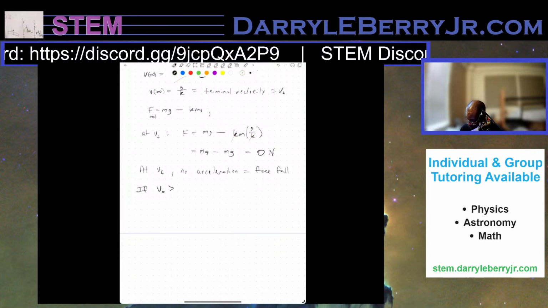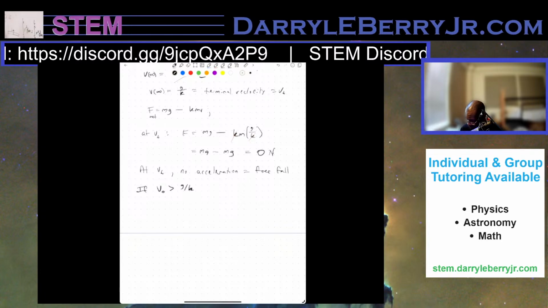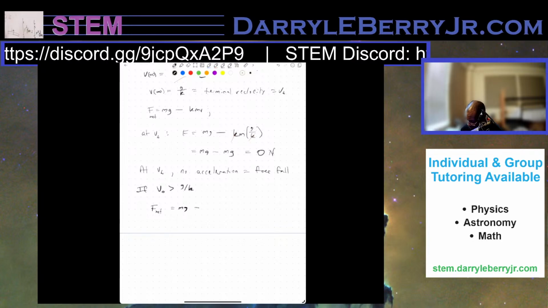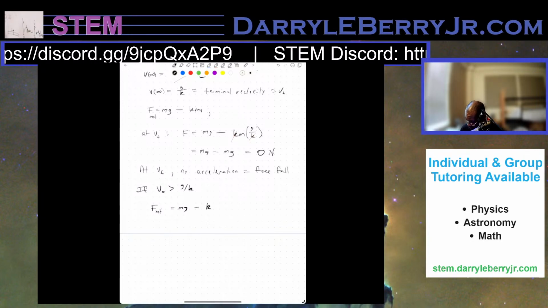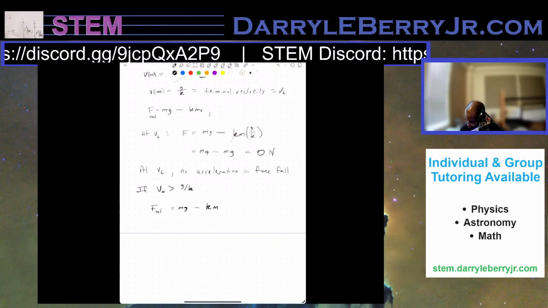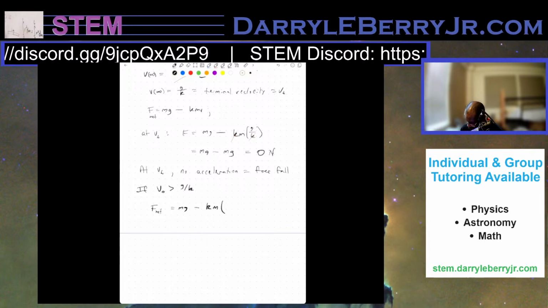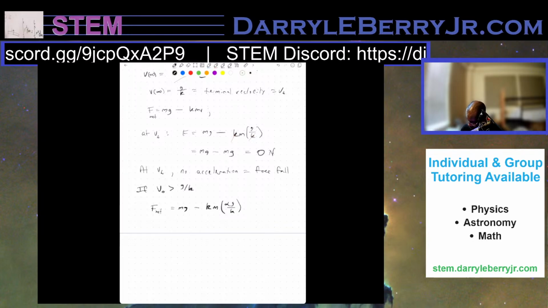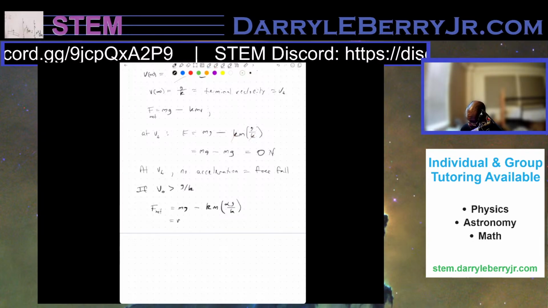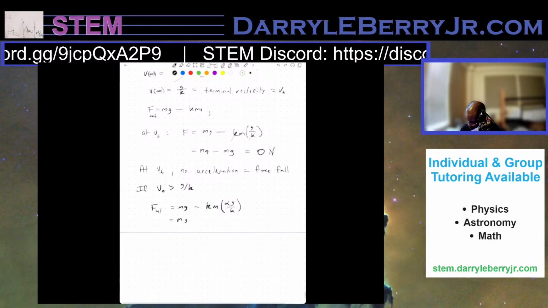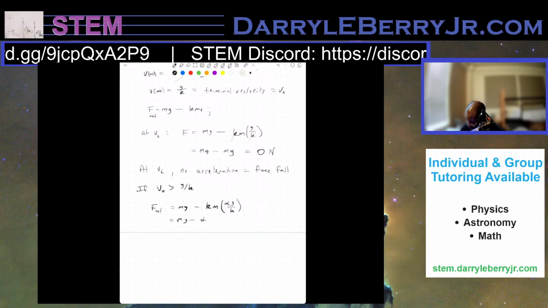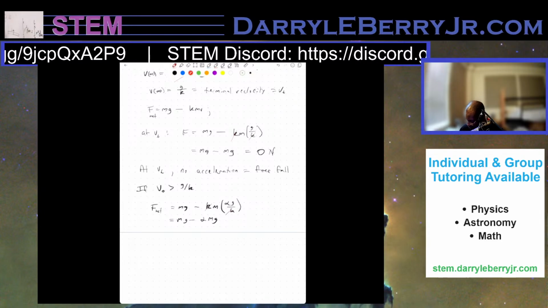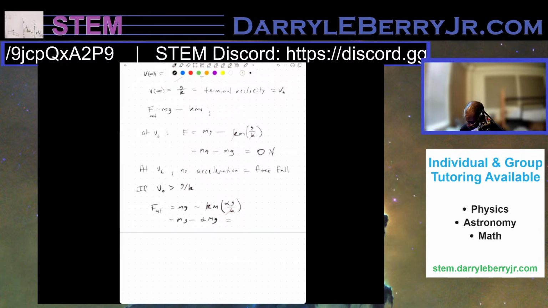If v naught is greater than g over k, then F net equals mg minus km, let's say alpha g over k, which equals mg minus alpha mg, which equals negative.